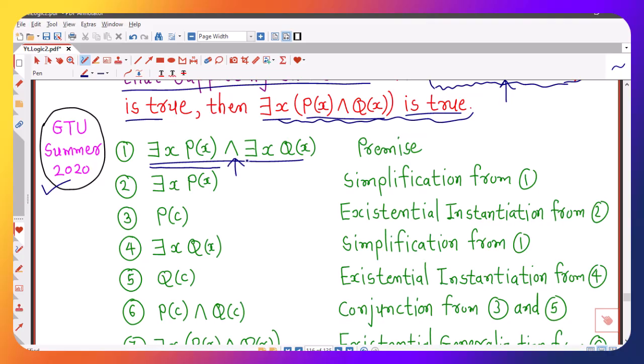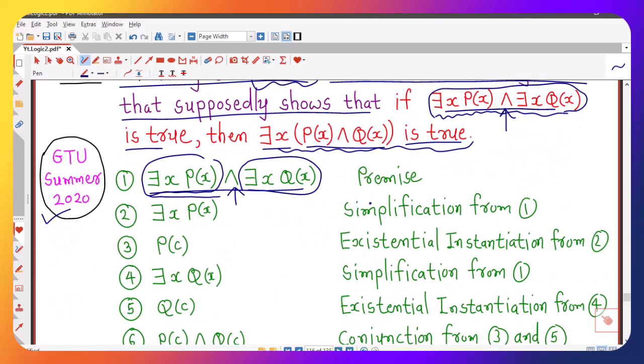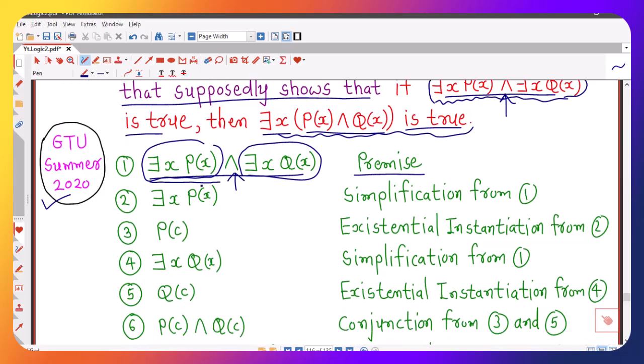So we start with first step. First step is there exists x P(x) and there exists x Q(x). So it is conjunction of these two quantified statements. So this is premise and this is conclusion. So reason is written as premise, that is fine. Now using this premise they are writing here that there exists x P(x).